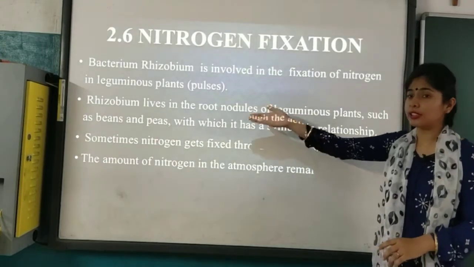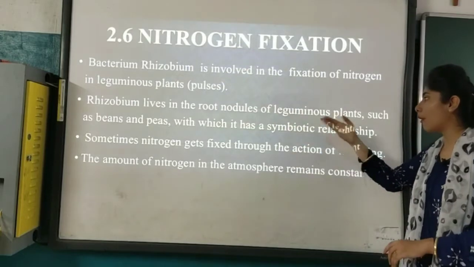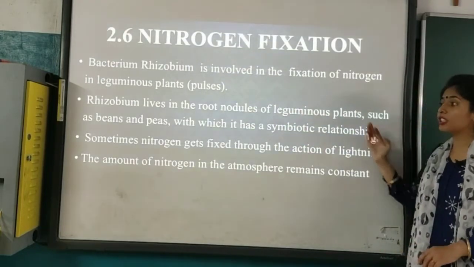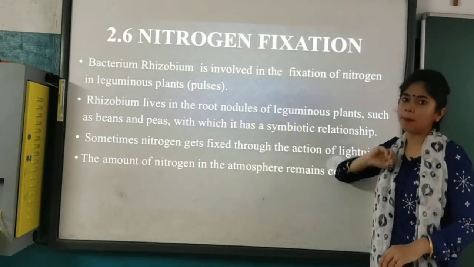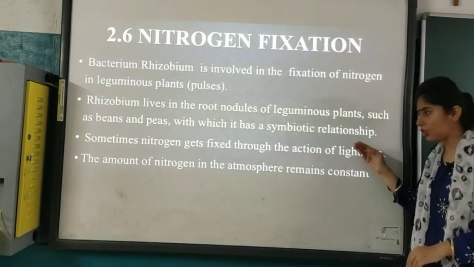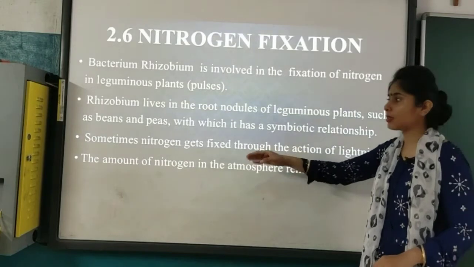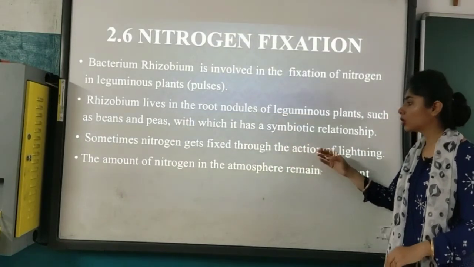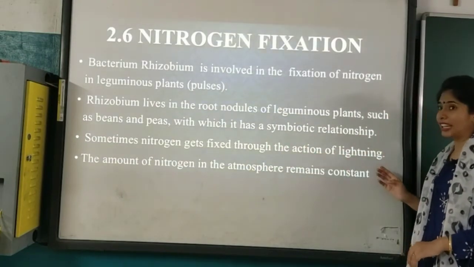Rhizobium lives in the root nodules of leguminous plants such as beans and peas, with which it has a symbiotic relationship.